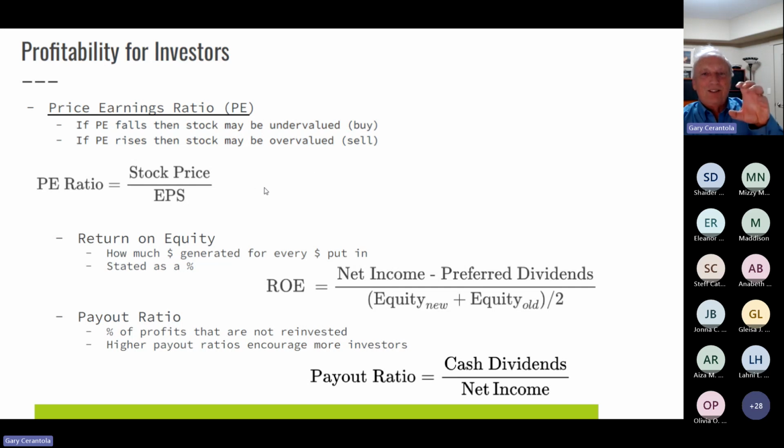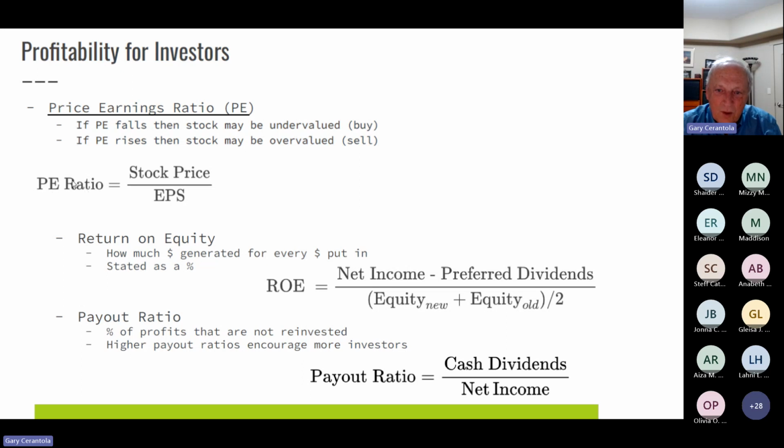If it's overvalued, they're saying, oh, hang on, not going to do that, because where's it going to go? It's going to go down. So price earnings ratio, if the price earnings falls, then stock may be undervalued, you'd buy that. If the price rises, then it's overvalued, you'd sell that. And so here you go, because it's going to go down, so you're going to sell it.